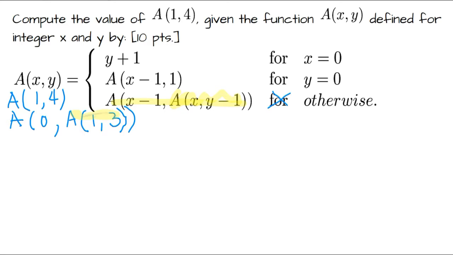And this function A(1,3) will apply the third case as well. So this will be 1 minus 1, so it will become A(0, A(1, 2)), y minus 1, so that is 2.